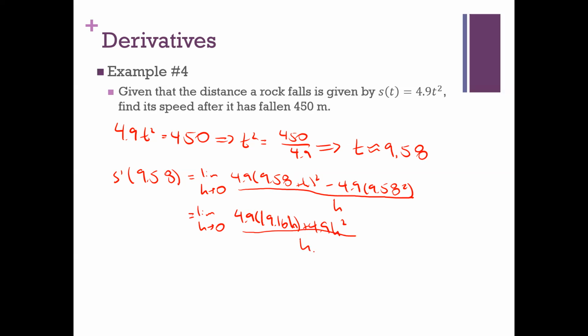So again, I should be in a place where I can just cancel out an h. So this limit is going to be, let's just say 93.9 meters per second.